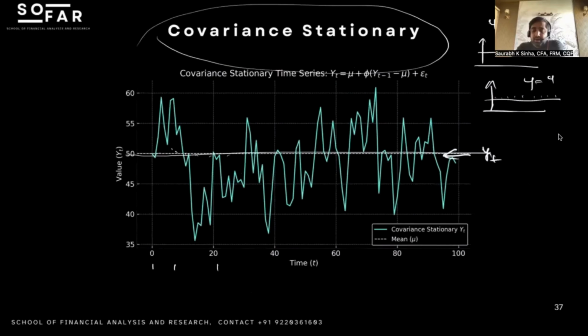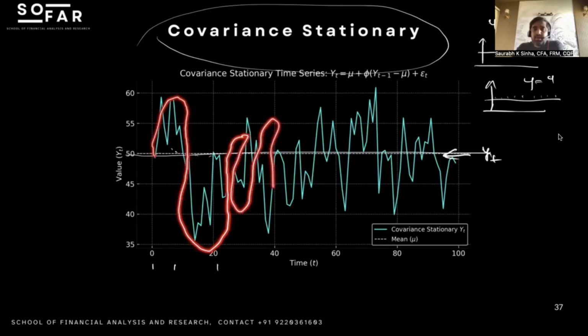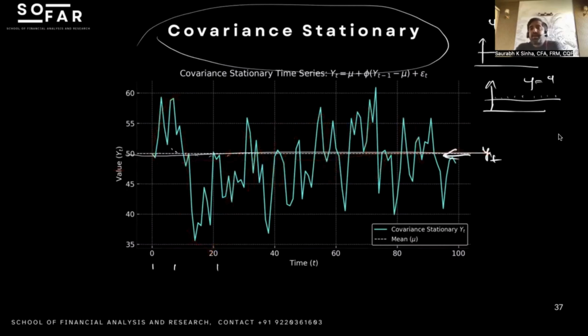Because we talked about covariance stationarity. If y is increasing, perfect, but it has to fall back to the mean. If it is falling, perfect, but it has to come back to the mean. It has to be mean reverting. Are we understanding this point? Otherwise, we cannot use an AR model.